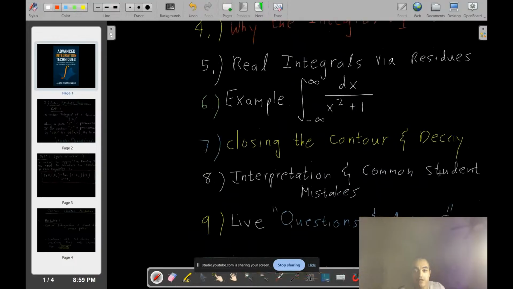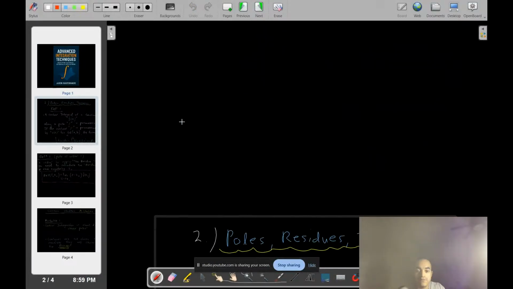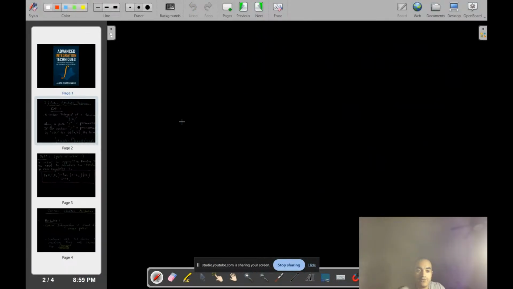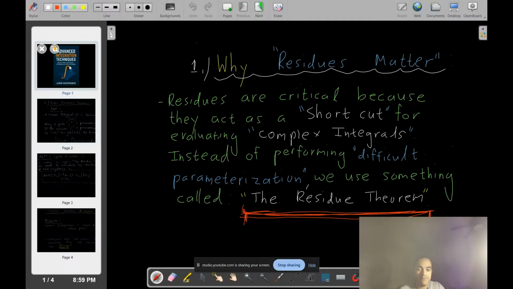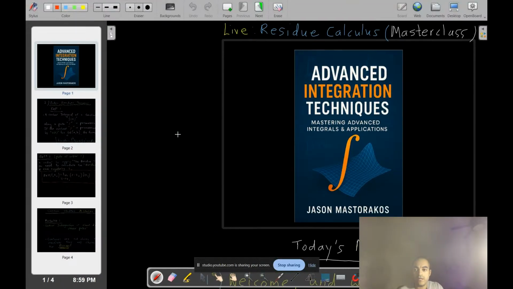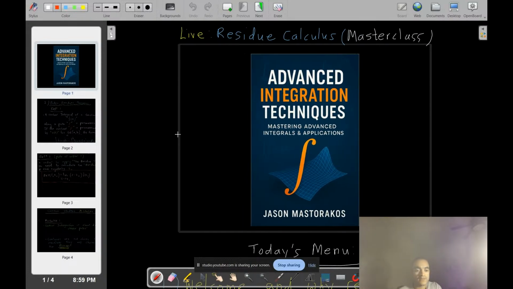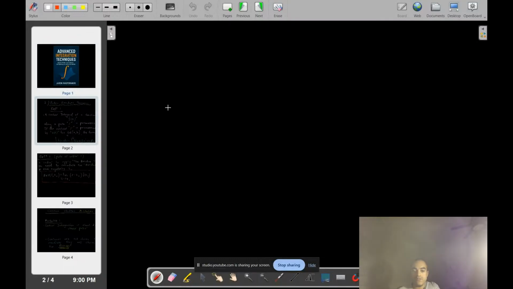So let's talk about... I might do something here. Let me go to the next page if there's something here. I didn't put this in our menu today, but if I leave out these words, then these equations mean zero. They won't make sense to anybody, right? So I have no choice but to discuss some nomenclature and terminology, linguistically anyways, because if I don't, this does not make any sense.